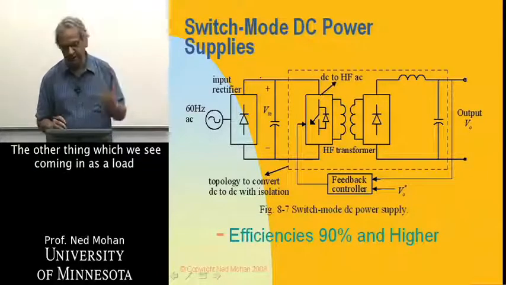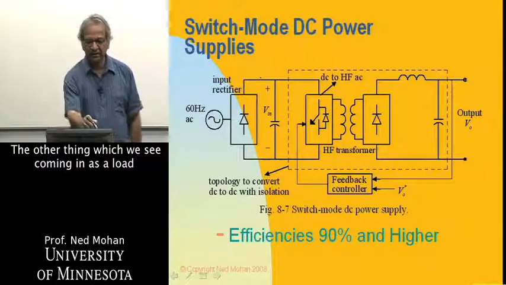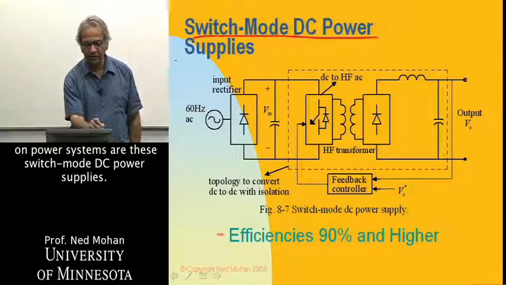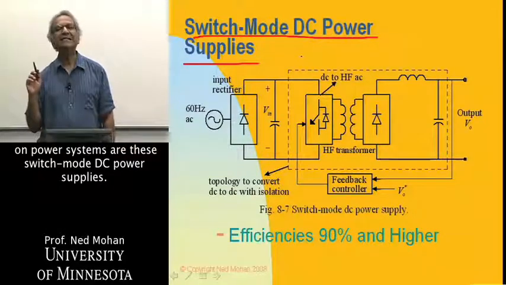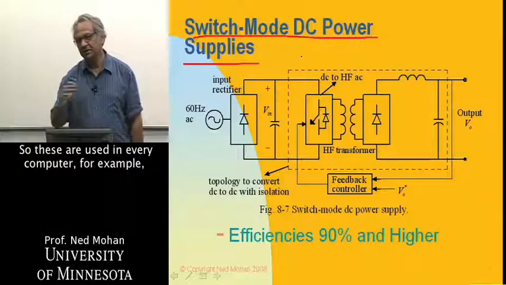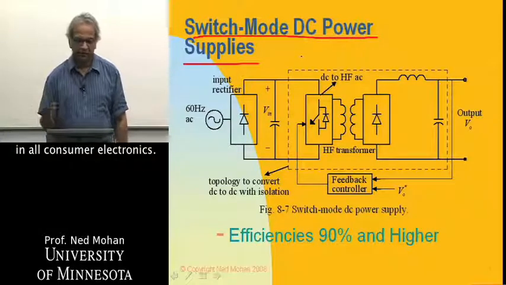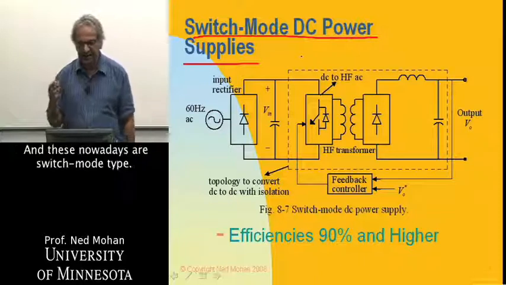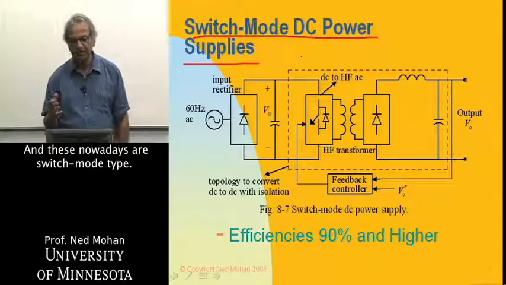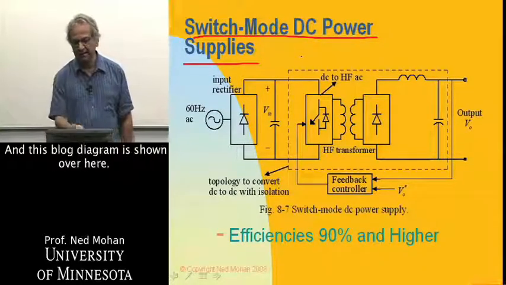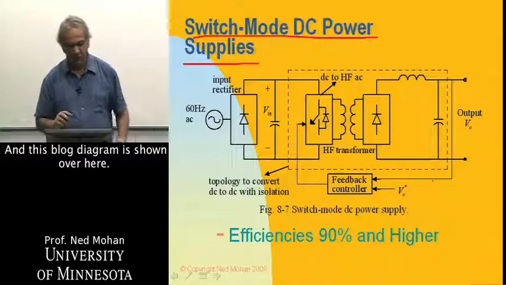The other thing which we see coming in as a load on power systems are these switch mode DC power supplies. These are used in every computer, for example, and all consumer electronics, and nowadays they are switch mode type, and this block diagram is shown over here.